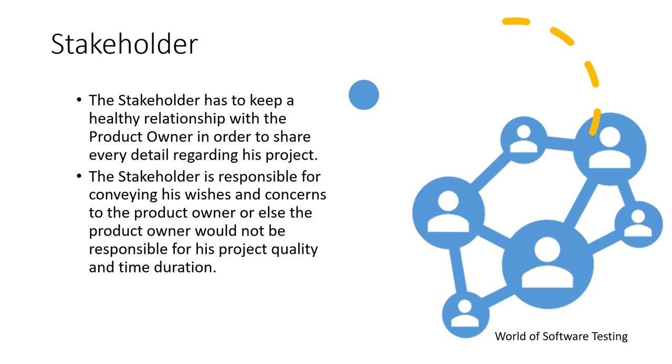Then prioritizing the work effectively with the product owner is another job that the stakeholder has to do to ensure his project development. And then keep taking updates or giving updates regarding any change in the plans. So if there is any change in the requirement or the feature, that should be updated to the product owner by the stakeholder in time. And again, he keeps taking updates from the organization as well.